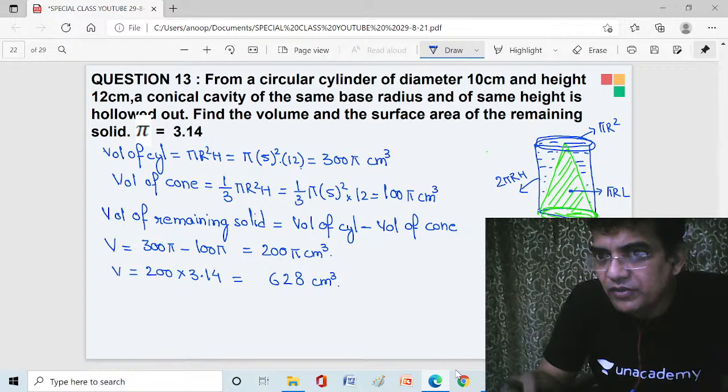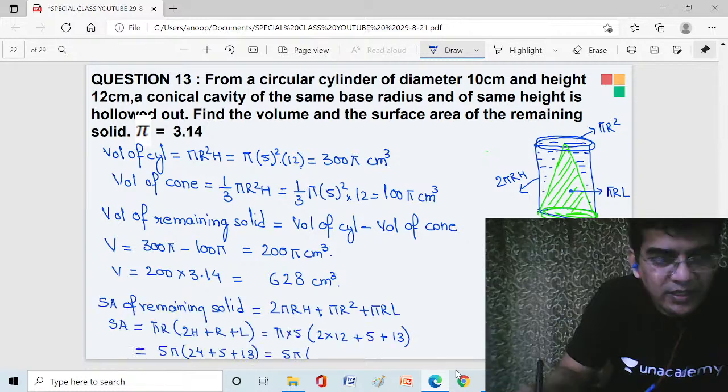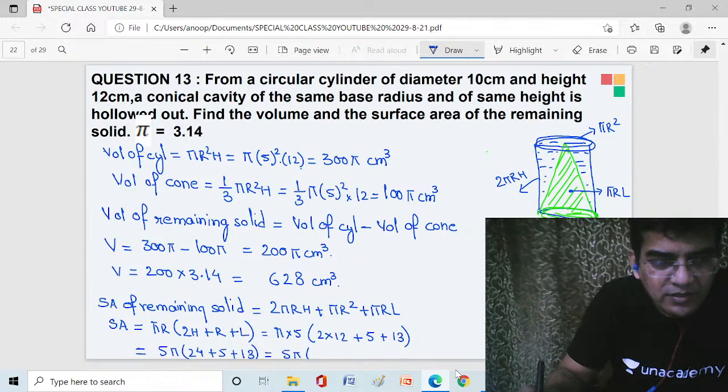So within the bracket it is coming 24 plus 5, 29, 39, 42. So 5 pi multiplied by 42, so 210 pi centimeters square. This is the surface area.